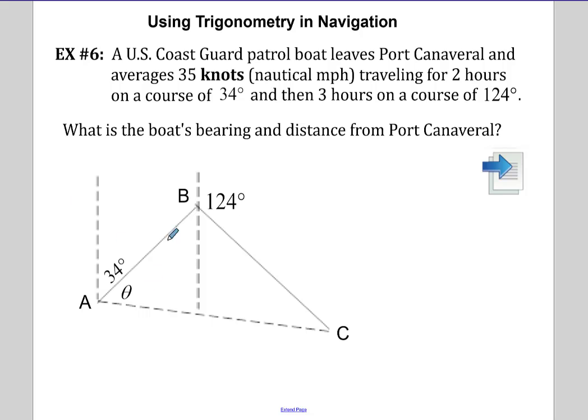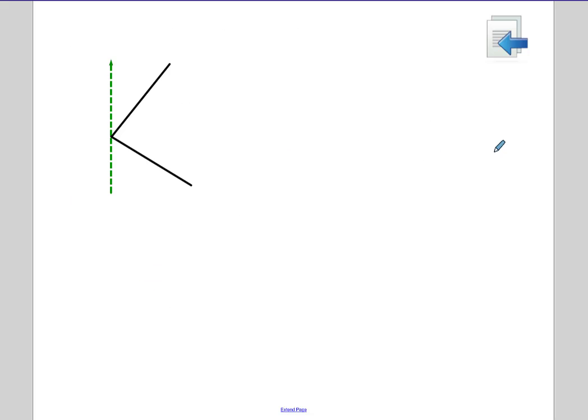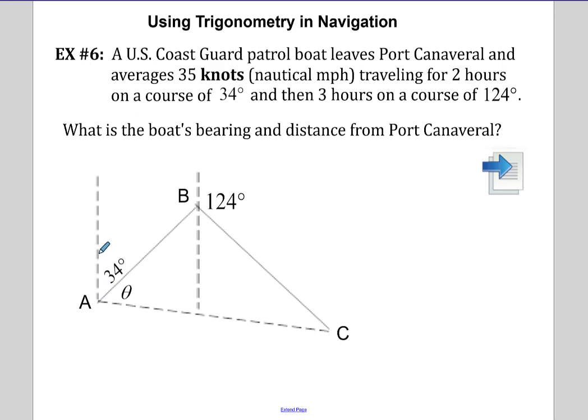So first, let's see what's on the next page. Oh, our markings. Okay, so first I've got to figure out if the bearing here is 34 degrees, and we've gone 35 knots for 2 hours, then the leg from here to here is going to be 70 nautical miles. And then we turn and go 124 degrees, which puts this angle in here.